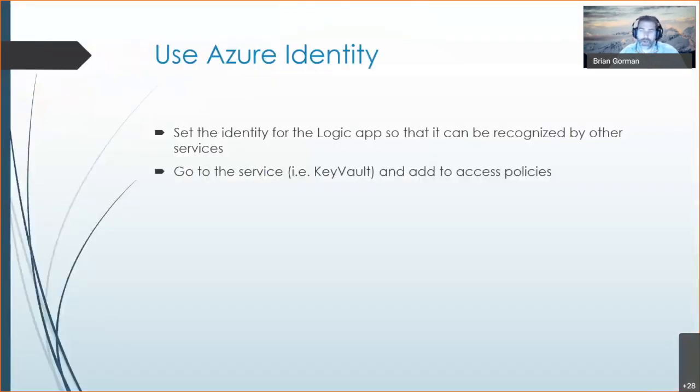Going the other way, once I have my authorized people in, the logic app that I want to use is going to go out to my key vault. So I need to allow my logic app to authenticate against my key vault and have the permissions it needs. I'll make a managed identity for the logic app, and then I'll be able to use that in the access policies in the actual key vault to say that this person is authorized to do what they need to do.